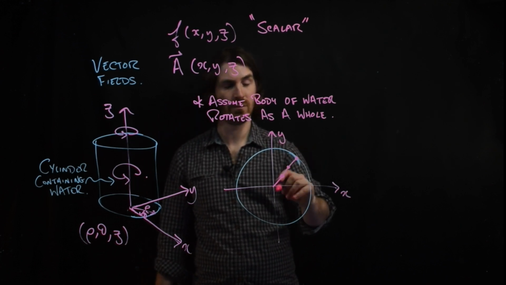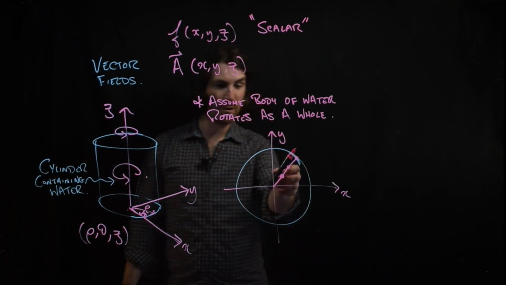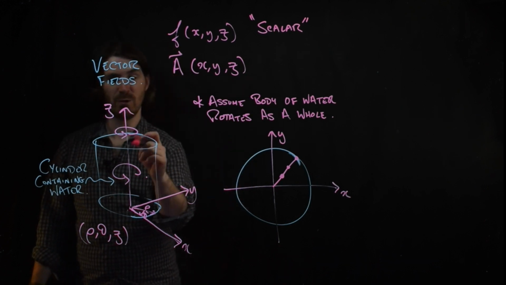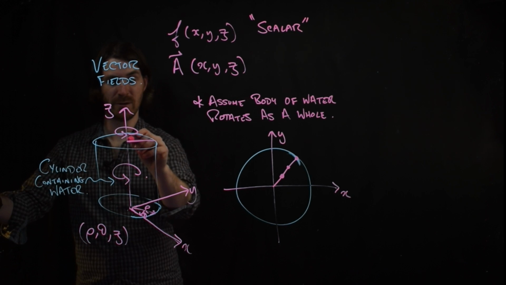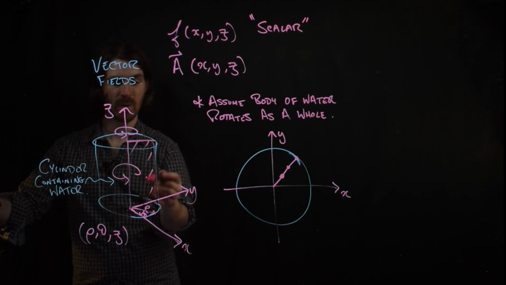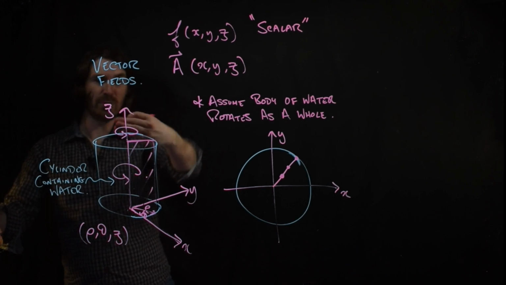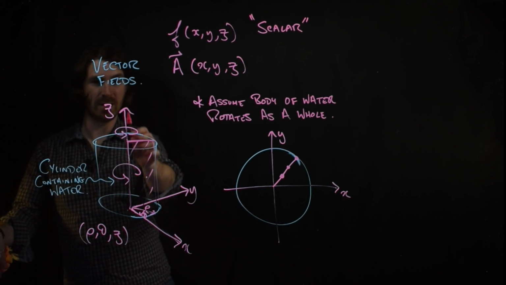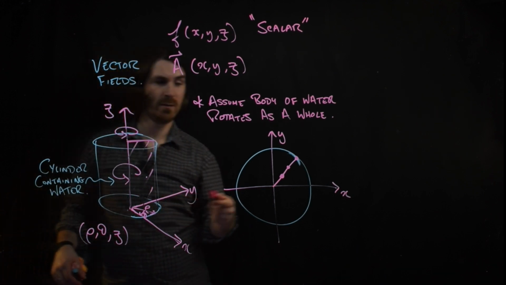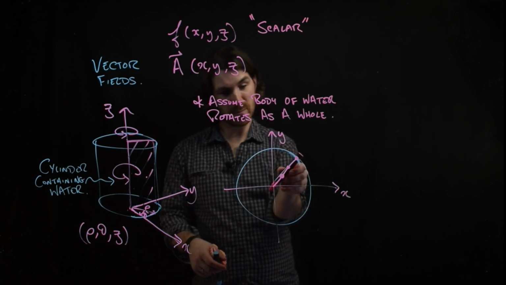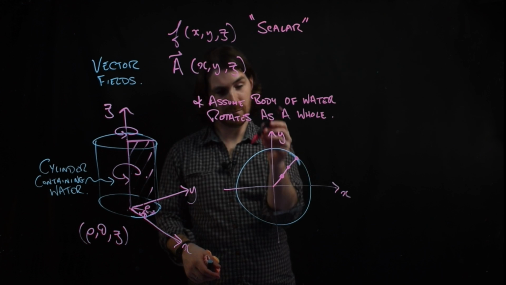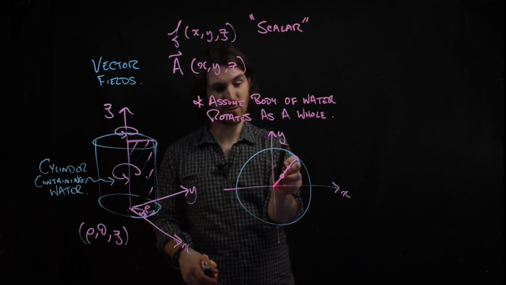How do they move? So think about putting a plank of wood, that's the radius of the cylinder and the height of the cylinder, and just rotating this plank of wood around the z-axis. Then the body of water will rotate as a whole. You can think of this plank of wood as the pen, it just rotates around.